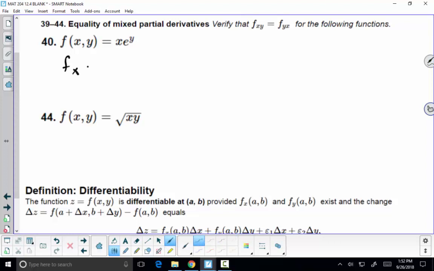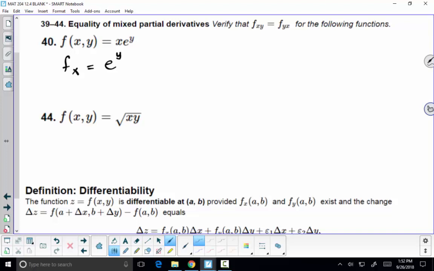F sub x, what's that going to be here? Partial of that with respect to x, so that means y is a constant. It's e to the y times x, so it's a linear function of x, where the coefficient is e to the y. And the derivative of a linear function is the coefficient.